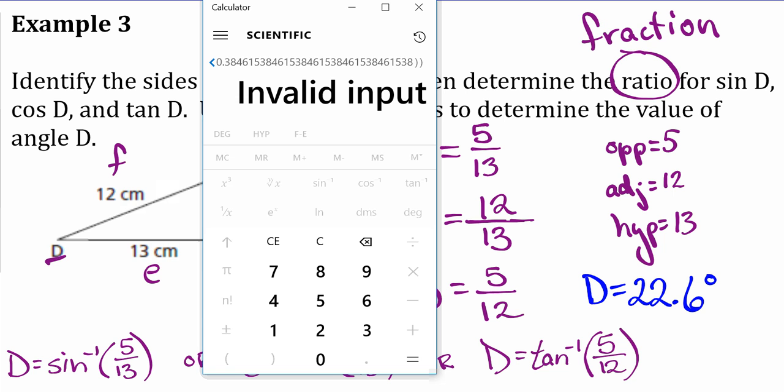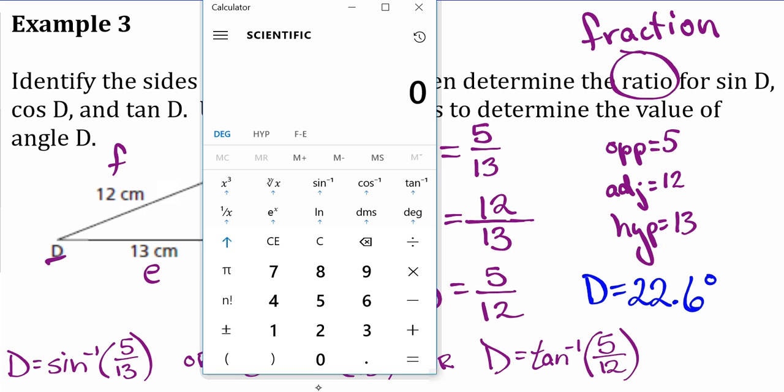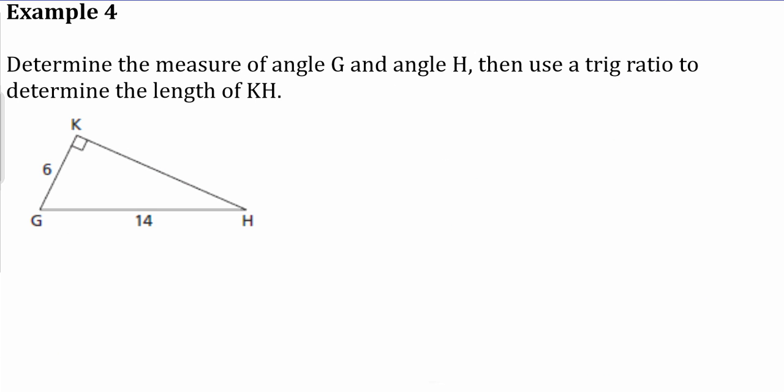Oh, something didn't work. Well, whatever. You know what's going on. Okay, now I got to prove that it works. So there's that, and inverse sine. So there's my 22.6.